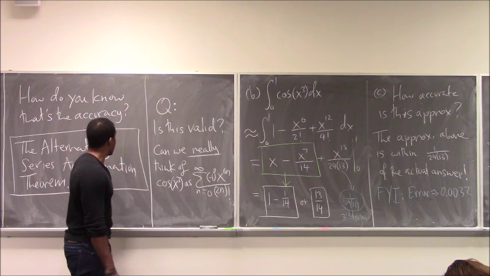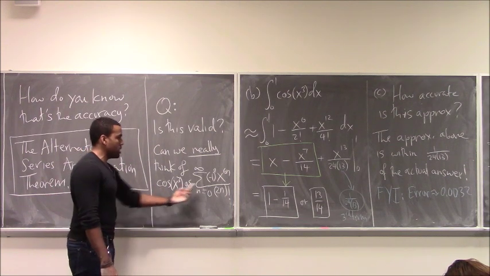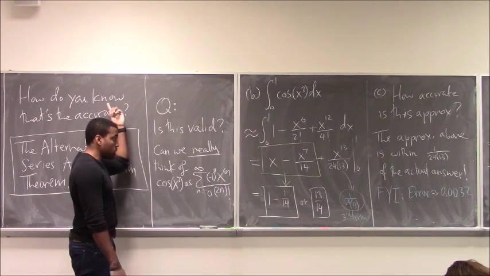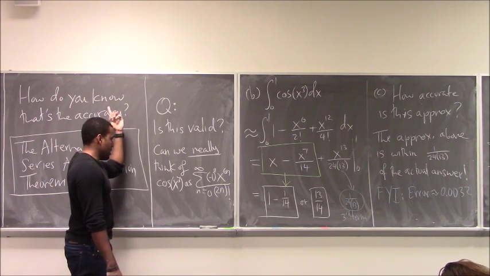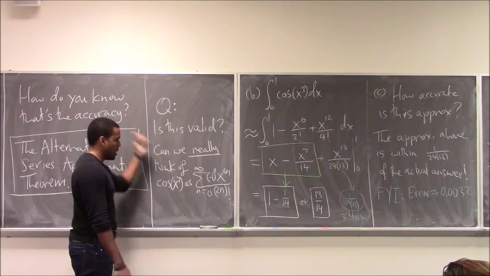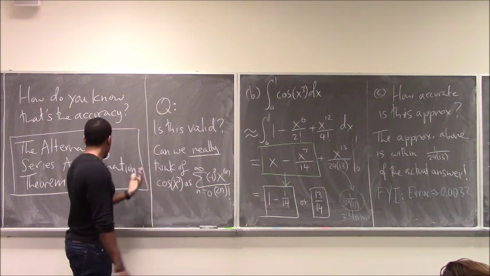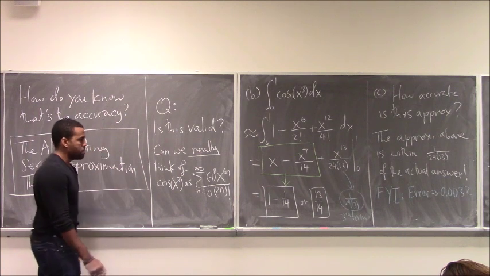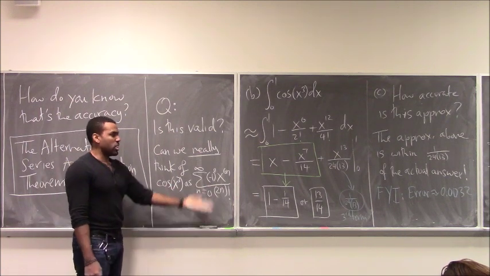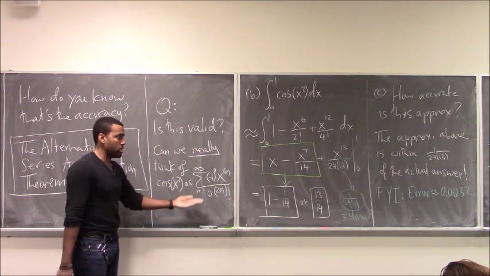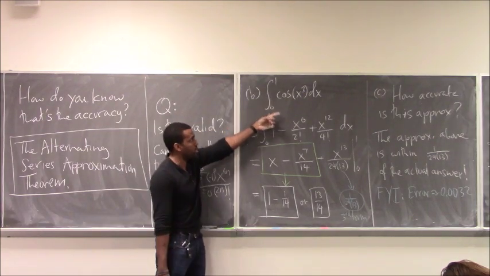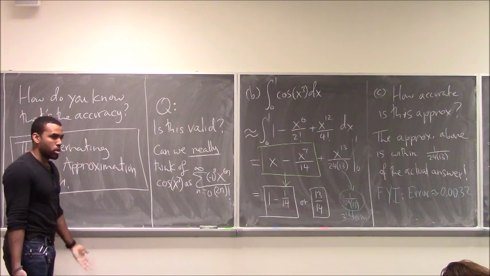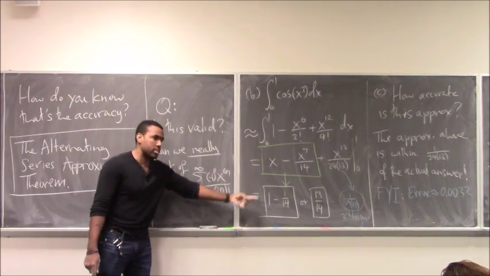And in fact, to even develop this power series, I had pretended that the original series for cosine was valid enough so that if I wanted to find cosine of x cubed, I can just plug in x cubed into that. But how do we even know that this actually does make sense to do that? Maybe this is giving us some other answer, not actually the answer of what this would have been if I could have integrated. You just did some hocus pocus and got a number. How do you know that that number actually makes sense?